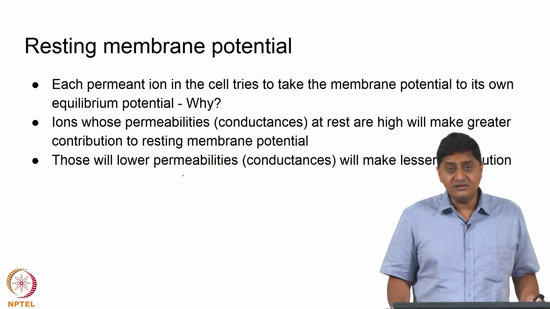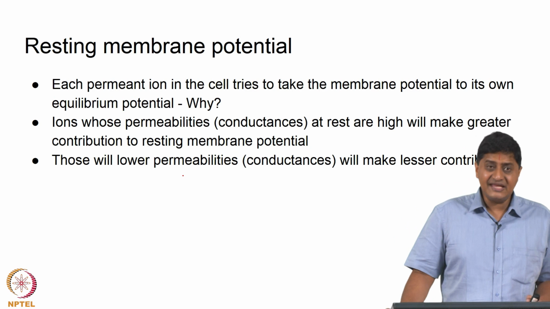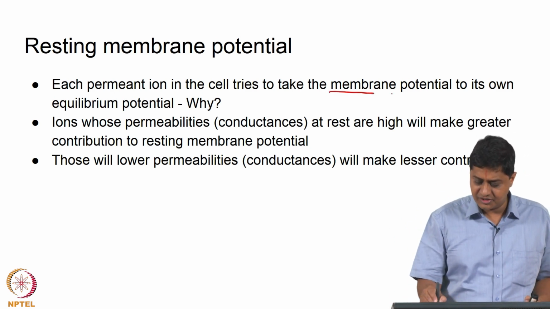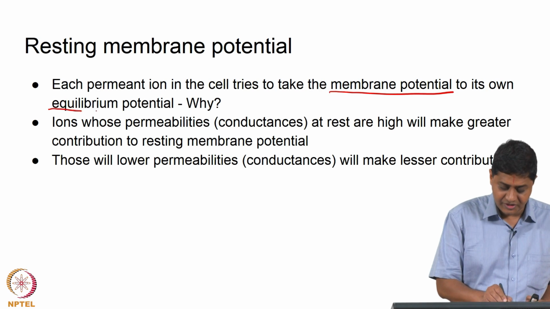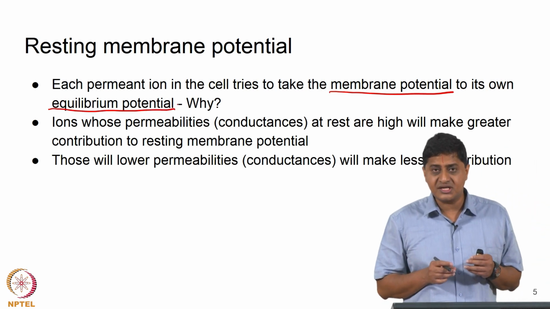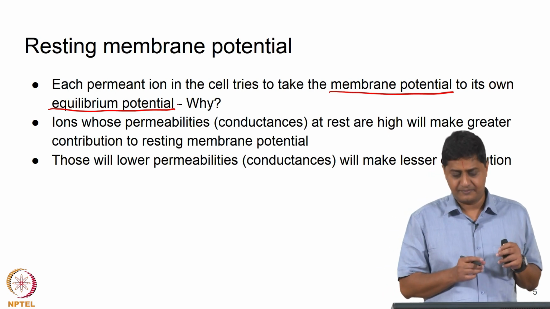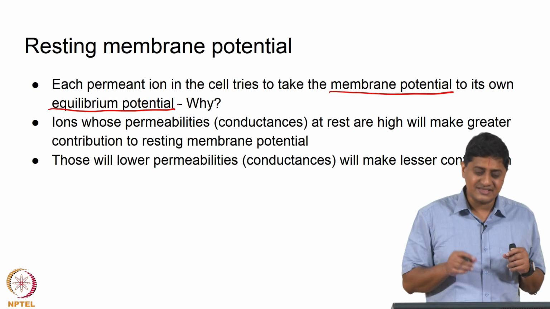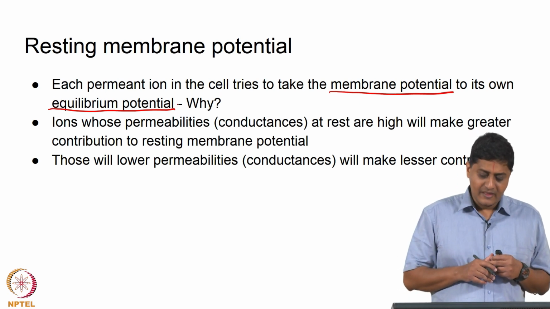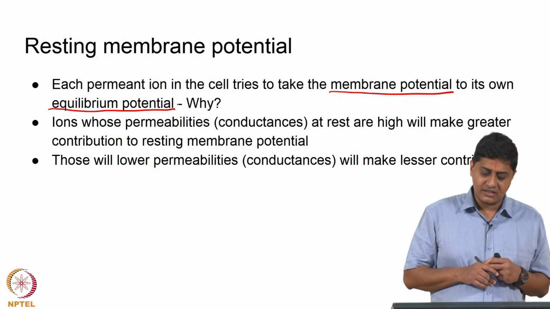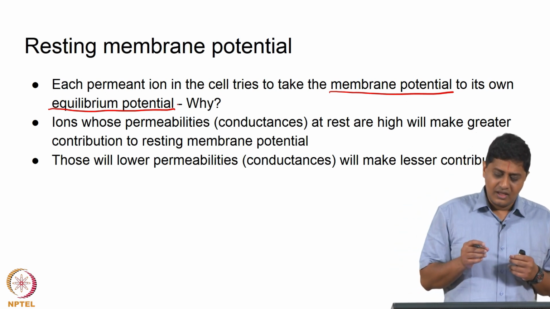So, another important point to note is that each permeant ion in the cell tries to take the membrane potential to its own equilibrium potential. Note the difference. The membrane potential is the potential of the biological membrane, or the potential maintained across the biological membrane between the inside and the outside, for example, whereas the equilibrium potential is specific to an ion.